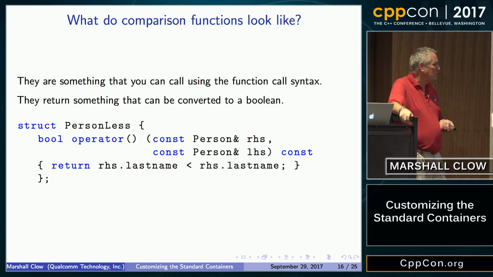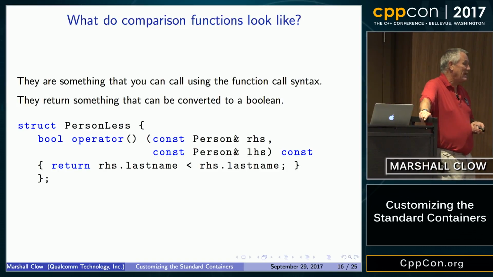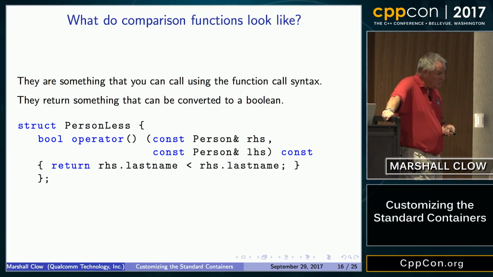The lambda would be closer to the actual definition of your object than this functor, where you might have it in another class. And if somebody was trying to figure out how it's sorting, they have to look at the other class before you go through it. So the question can be summarized by, and then you can complain about my summary, why don't you use a lambda? Because it's right there in the code.